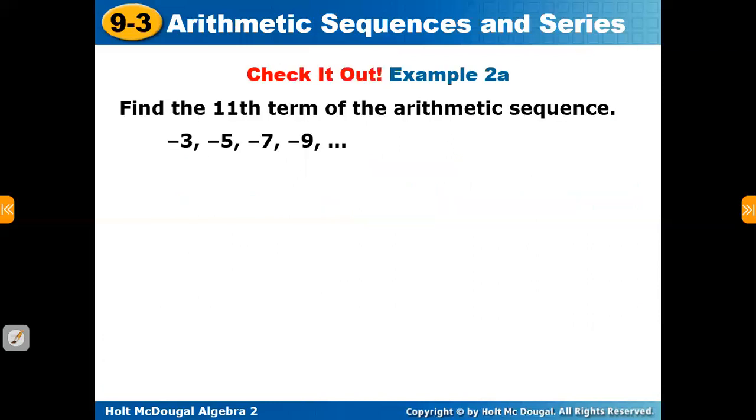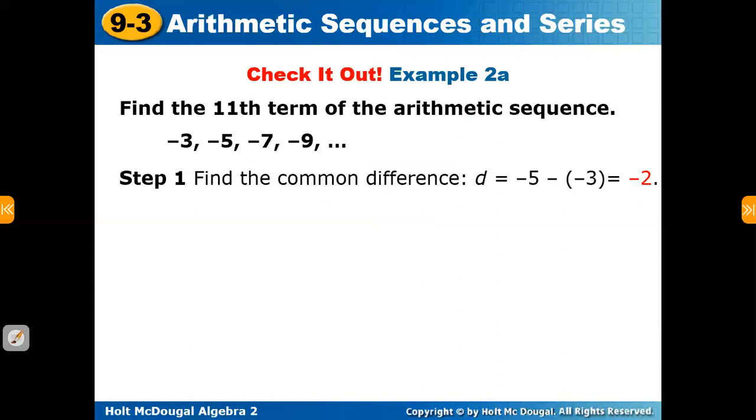Now in this question, they asked me to find the 11th term of the arithmetic sequence. Similarly, first find the common difference. The second term minus 5 minus the first term minus 3. So minus 5 minus minus 3 will give me minus 2. Step 2, evaluate using the formula.